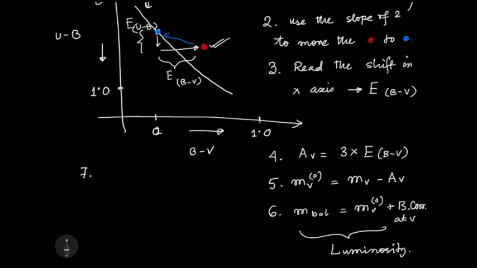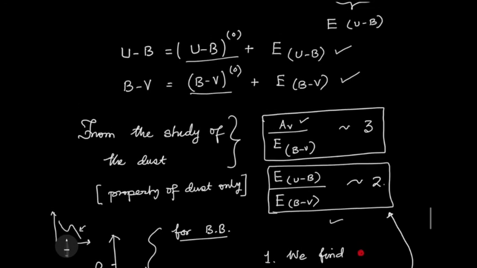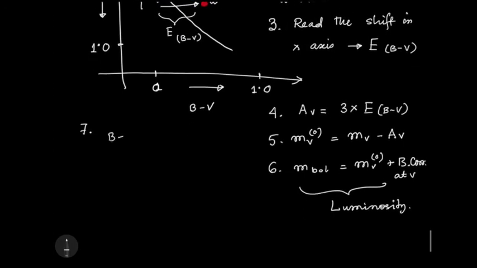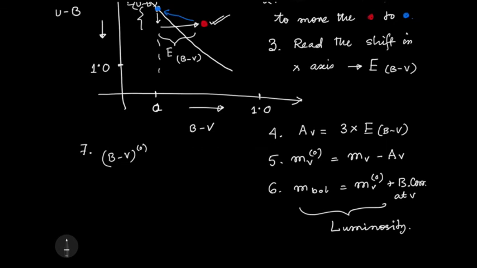And the last thing now to do is that, remember that if I knew the ratio of the flux at two different wavelengths, I will get the temperature. Now I know the ratio of the flux at two different wavelengths because this is what I have measured, and we have read this E B minus V from the chart. So B minus V0, what is B minus V0?